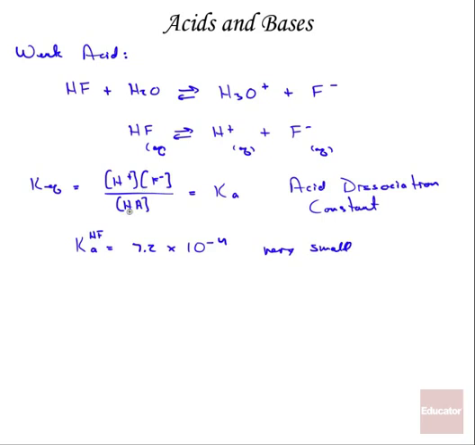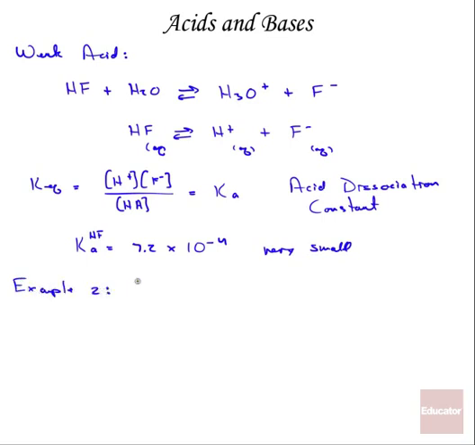What that means is that very little hydrogen fluoride actually dissociates to produce hydrogen ion in solution. Yes, it is an acid, and yes, it does dissociate, and yes, the pH of this solution is going to be less than 7, but it's not going to be altogether that much less than 7. It's a weak acid, not complete dissociation. There is an equilibrium that takes place here. Okay, so let's do an example.